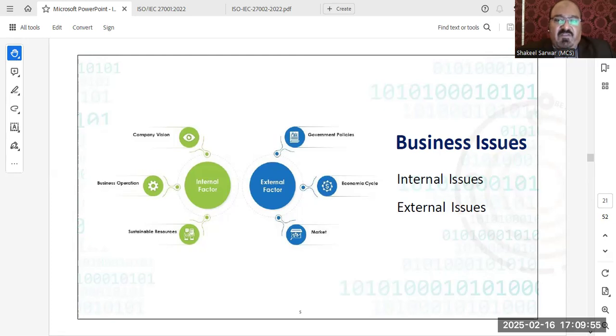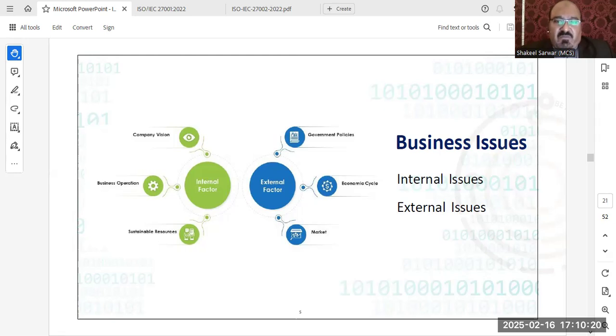Identifying and addressing these issues ensures that the ISMS is designed to mitigate risks effectively and adapt to changing circumstances. जब तक आप issues को identify नहीं करेंगे, तो it may not be possible for you to implement or properly conduct audit basing on ISMS or ISO 27001.